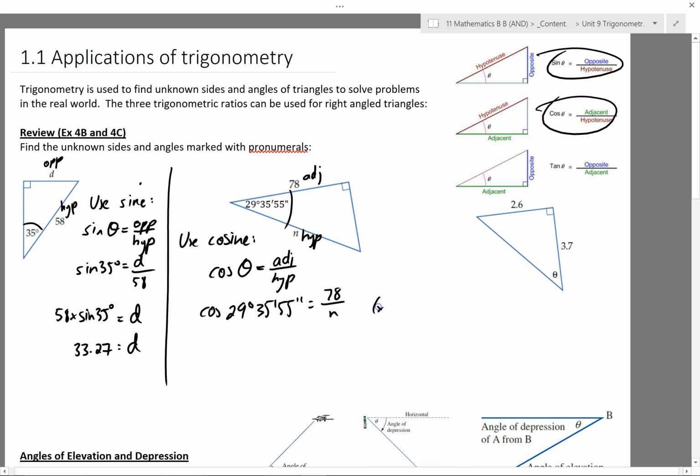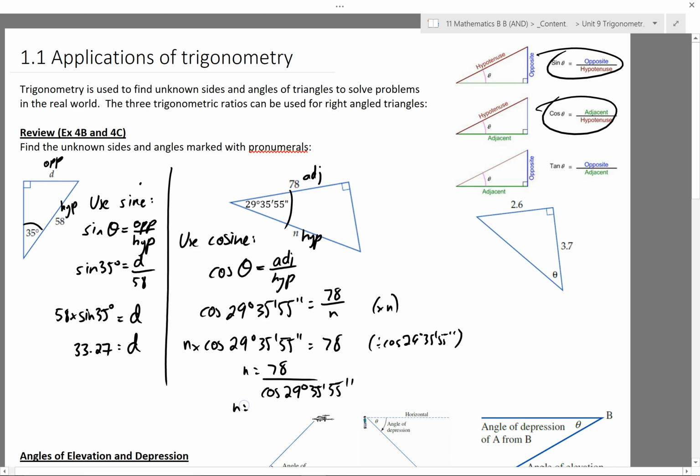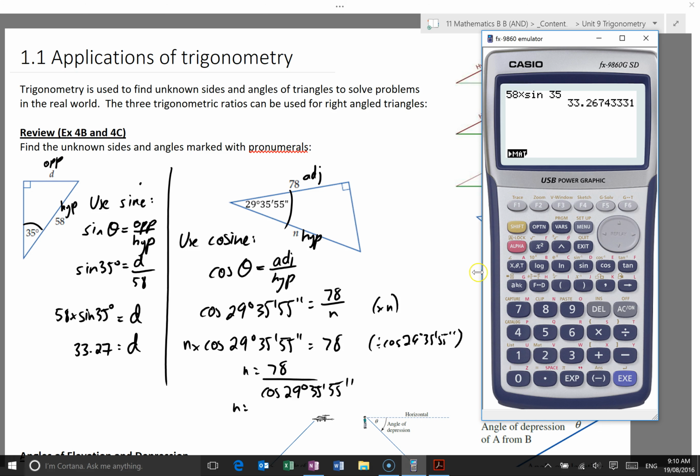I'm going to multiply both sides by n, and then divide both sides by cosine 29 degrees, 35 minutes, 55 seconds. So n will be 78 divided by cosine 29 degrees, 35 minutes, 55 seconds. And then it's just calculator time again.